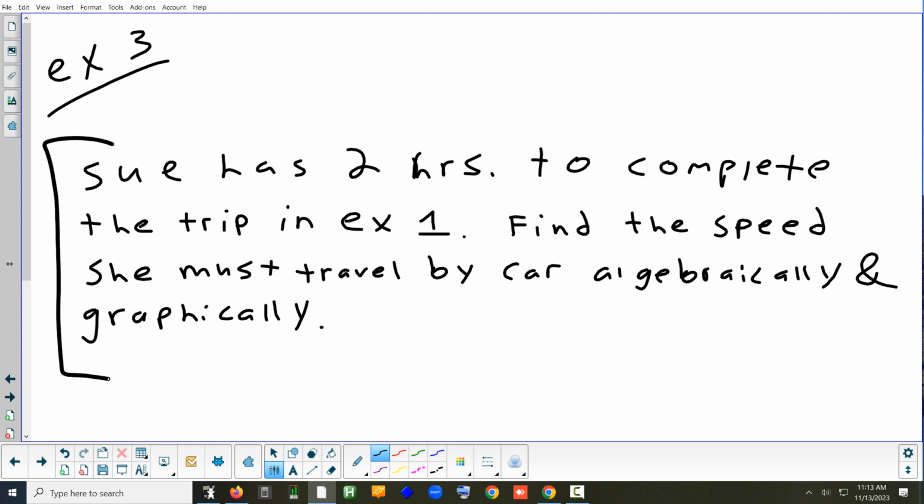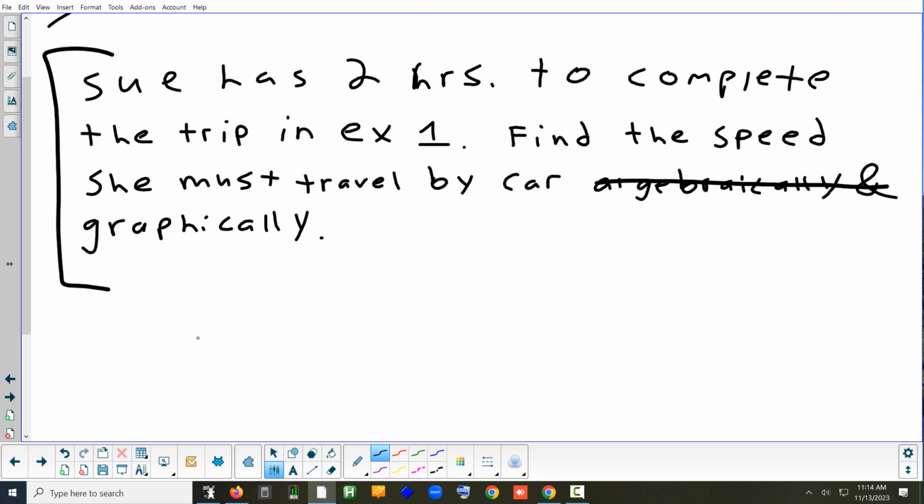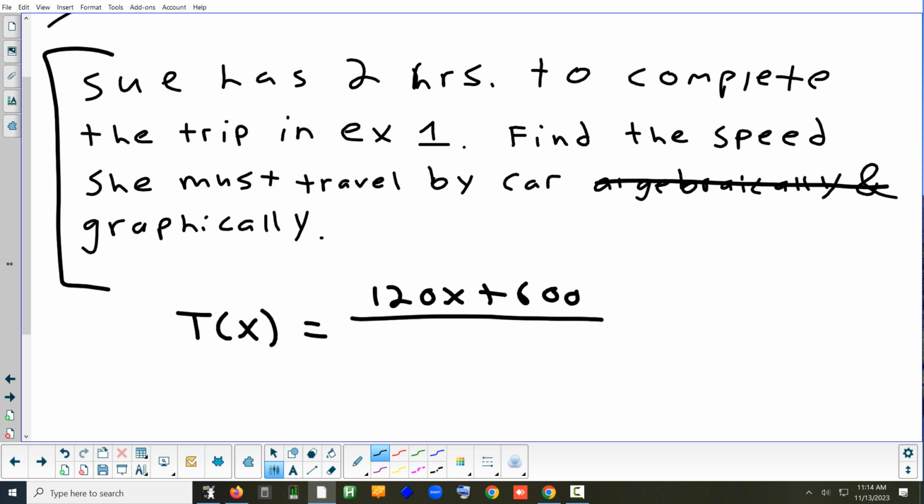We're going to do more algebraically later, so let's just do it graphically for now, and we'll do some algebra later. So here was the formula. I think it was x squared plus 20x. I think.